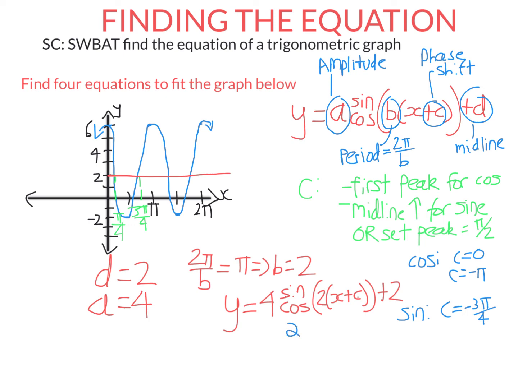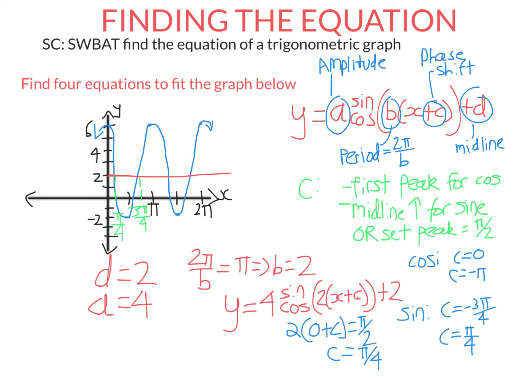So I could have 2 times 0 plus C equals pi on 2. That will guarantee that when I substitute x for 0, this thing will be pi on 2, the peak of a sine graph. Solving that, I just get C is pi on 2 divided by 2, which is pi on 4. That's another possible value for C. I said before, C couldn't be negative pi on 4 because it hit the midline and was decreasing, but it absolutely can be pi on 4.